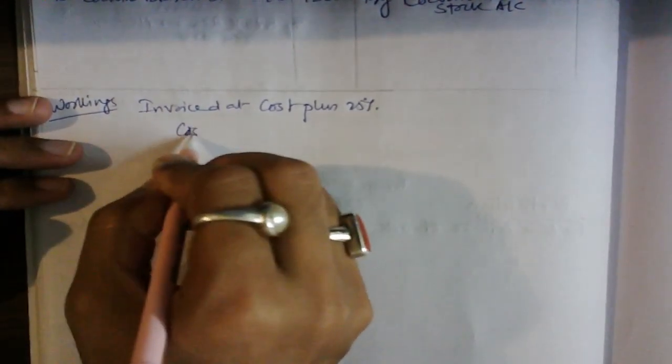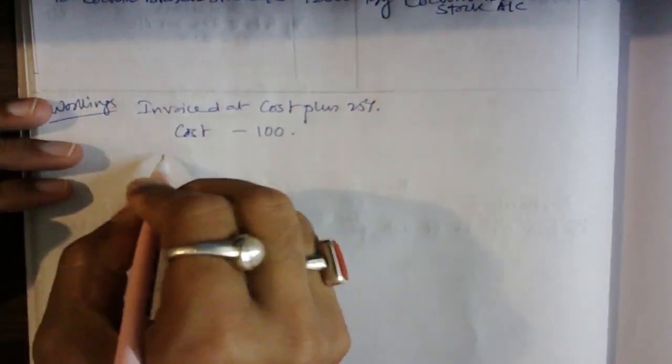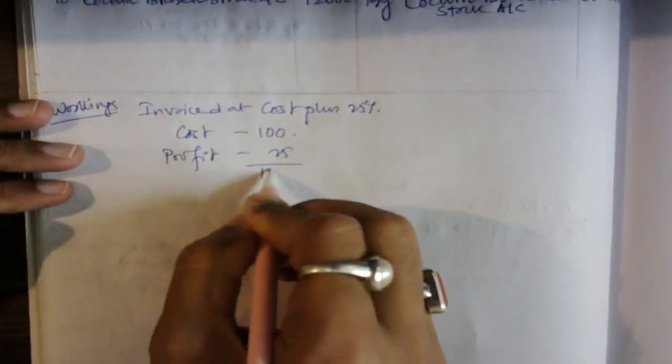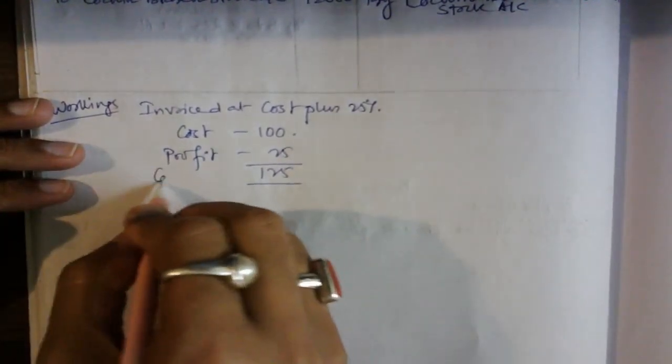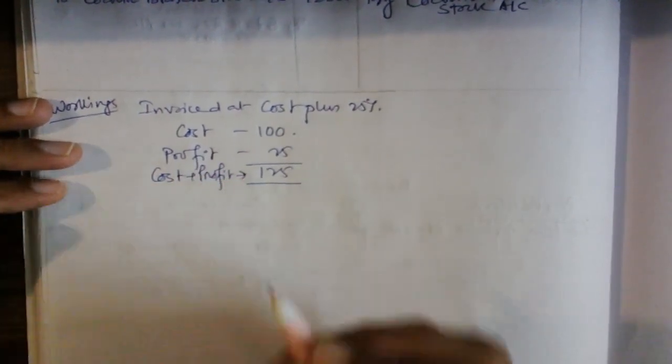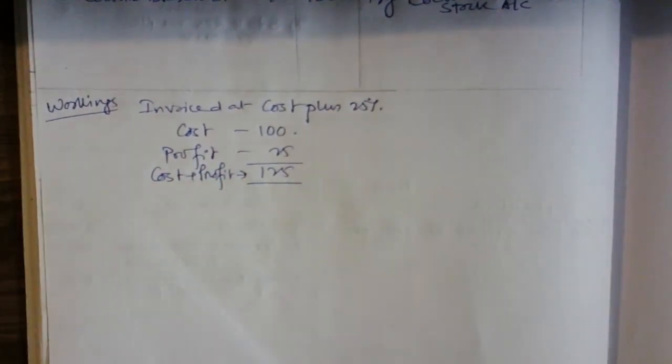Okay? So cost is 100, profit is 25. So total is 125. Correct? Cost is 100 and profit is 25. Its total is around 125. Okay, that is what is done.